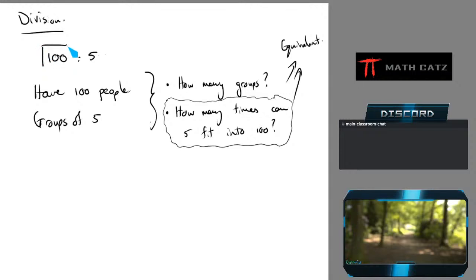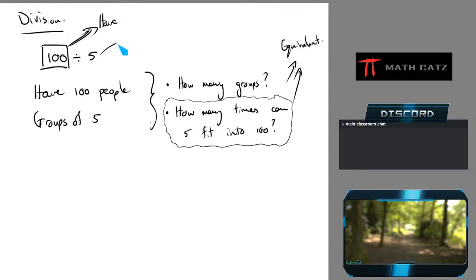So now, what does this mean? This means the first number in my division is what I start with. That's what I have. Remember in multiplication, the second number was the quantity that I have to start with and that I applied some instructions on. Now the first one is what I have.